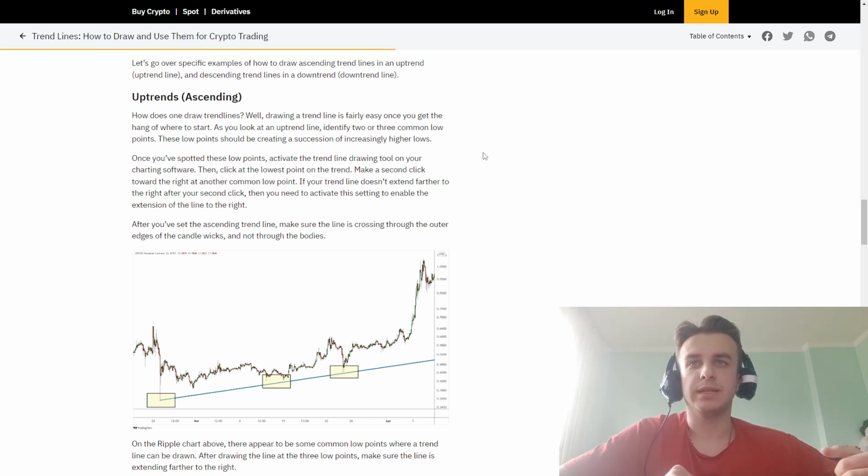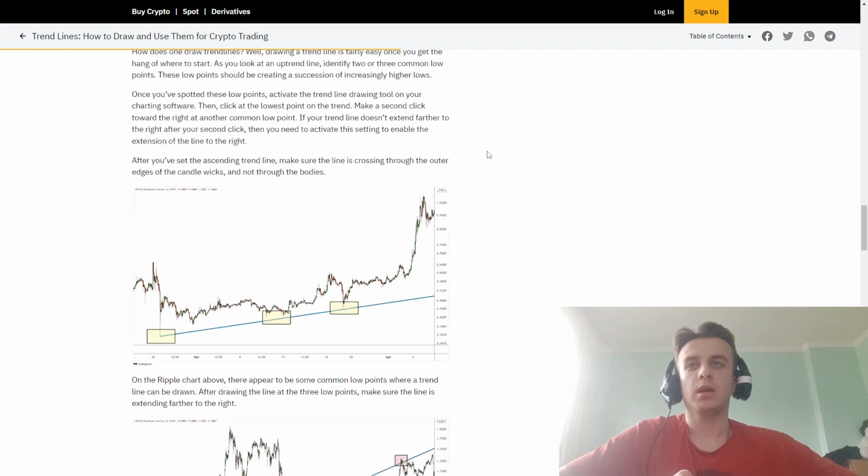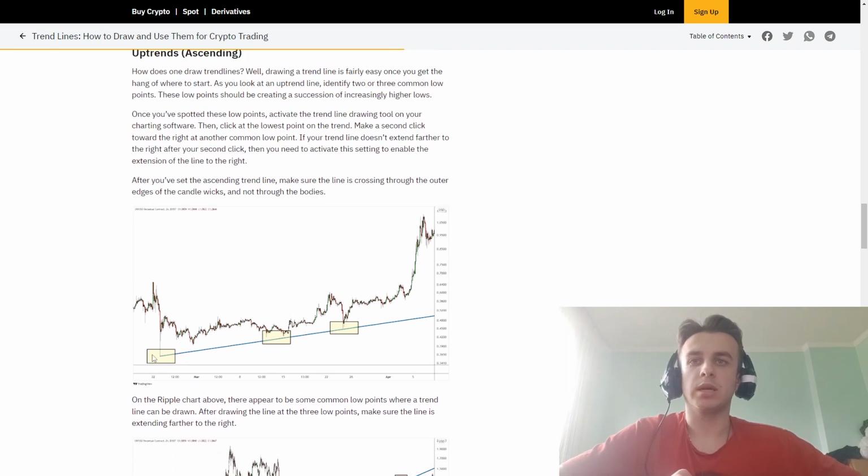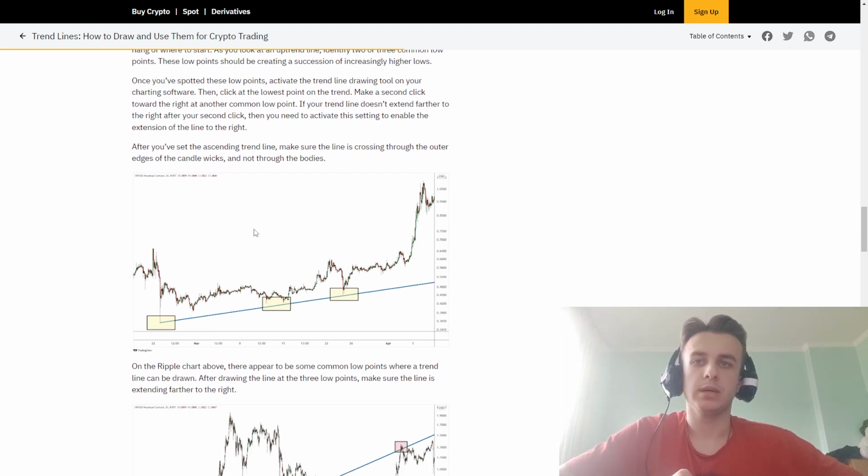After you set the line to extend, make sure the line is crossing through the outer edge of the candle wicks and not through the bodies.